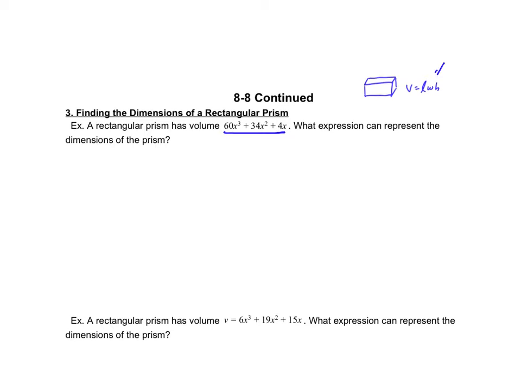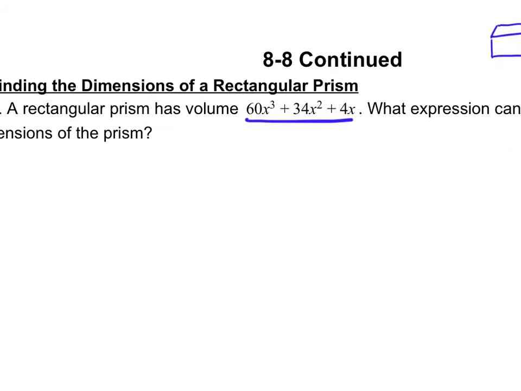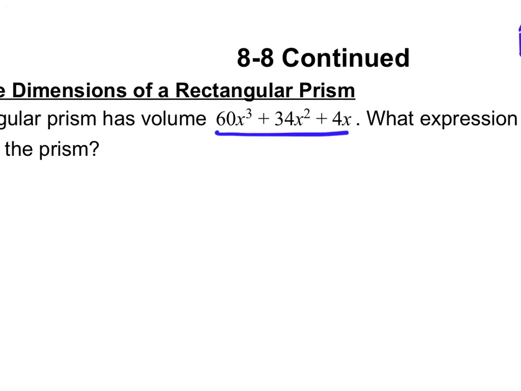Well, if I'm looking for length times width times height, I'm looking for three things that are being multiplied together. So that tells me I should hopefully say, hey, I got this polynomial, and let's see, can I factor it some? So looking at this, I should be able to say, well, first off, I do have a greatest common factor of all of these. And it looks like they're all factorable by 2x.